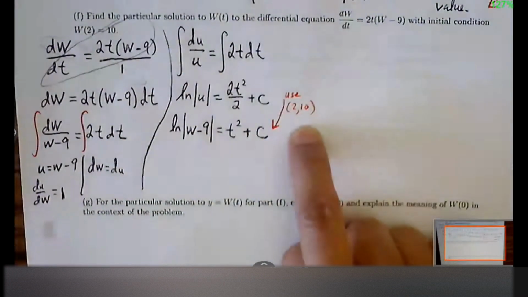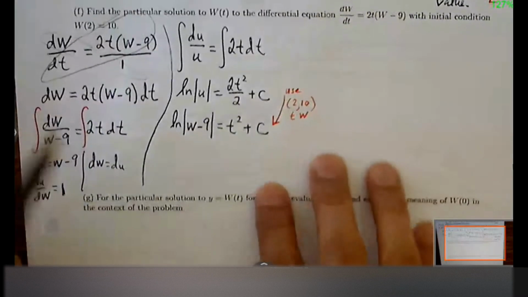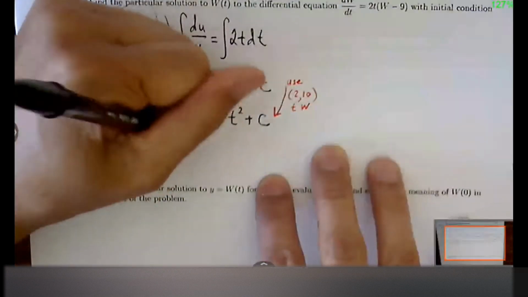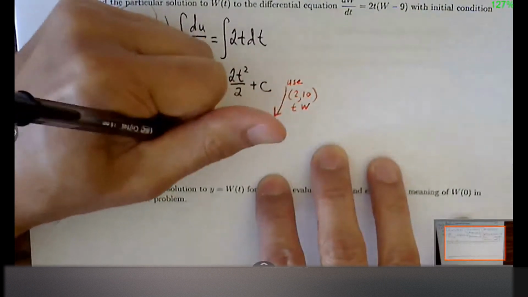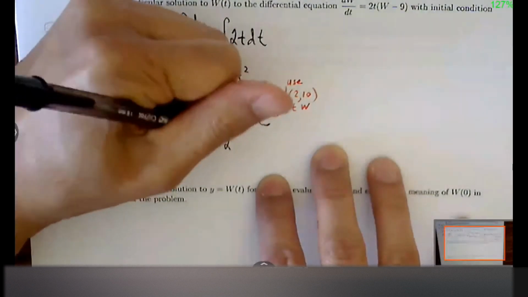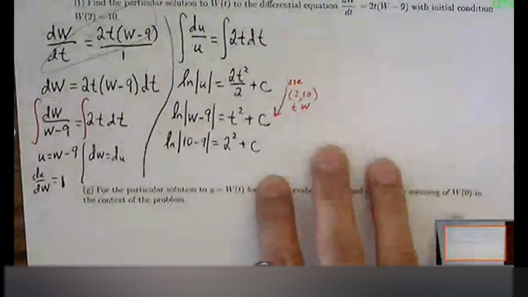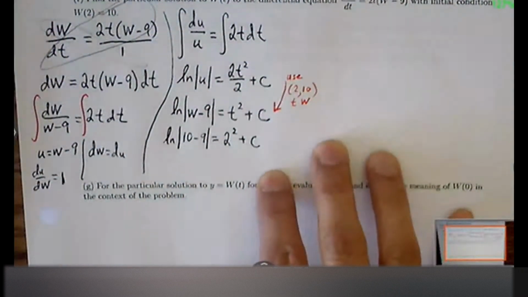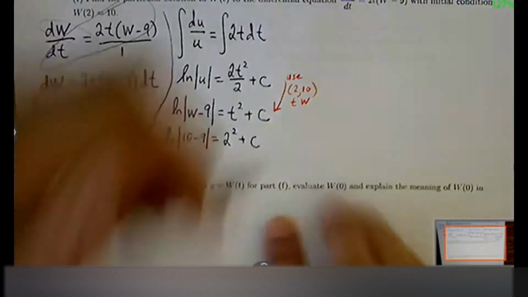Okay, so 2 for t, 10 for w. Ten minus 9 is 1, natural log of 1.